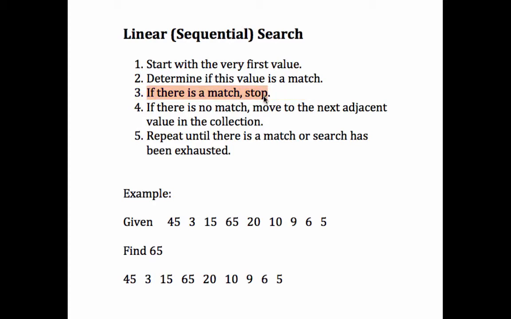But most likely, you're not going to find a match the very first time that you compare the two values. So it is likely that there is not going to be any match. Then what do you do? You move to the next element in your collection. Remember, we're talking about arrays, so it's very easy to move from element to element because all we have to do is change the index of the element.